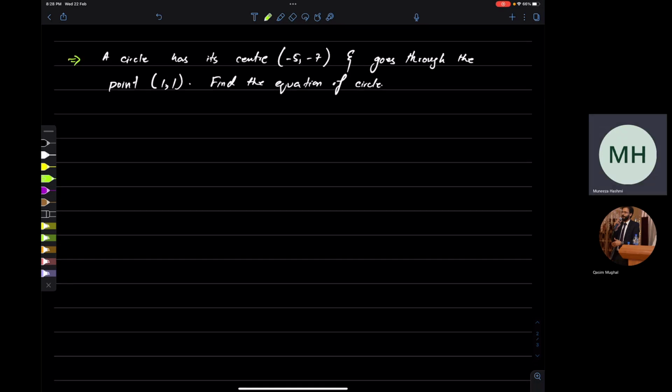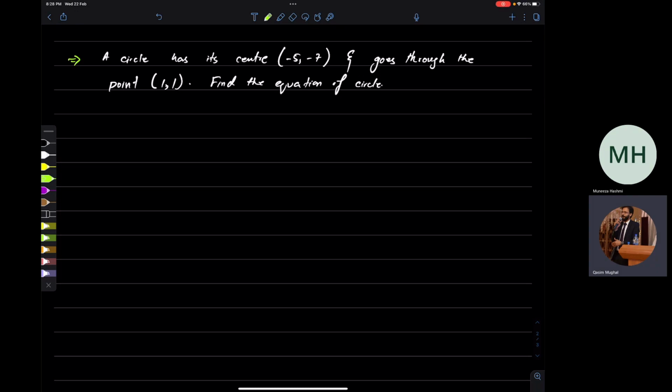We can calculate the magnitude from the center to the point. Shabash. So we have the center, so we are good about the center of the circle, but we don't have the radius. But we know that for any circle, radius is the distance from the center to any point on the circle.